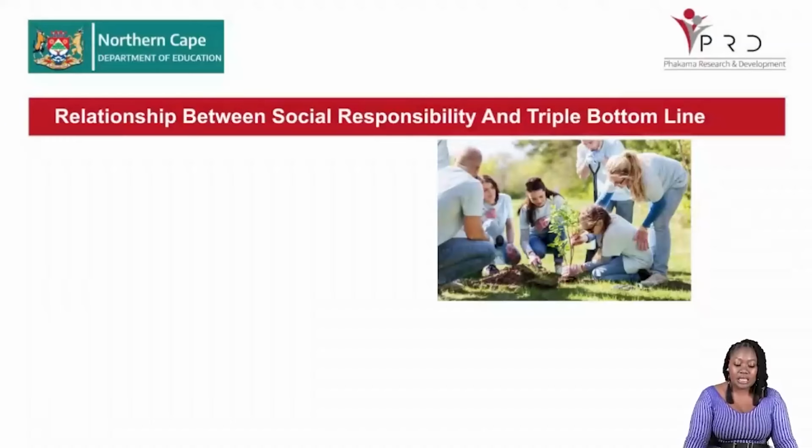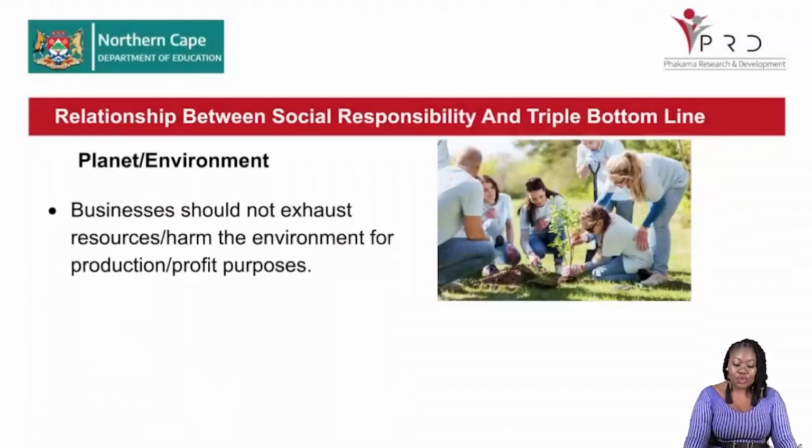The next element that we are going to look at is the planet or the environment. Now, how do we relate it to social responsibility? This is what businesses need to do. Businesses should make sure that they do not exhaust resources or harm the environment for purposes of making profit. Meaning that businesses should not harm the environment in the name of making money.